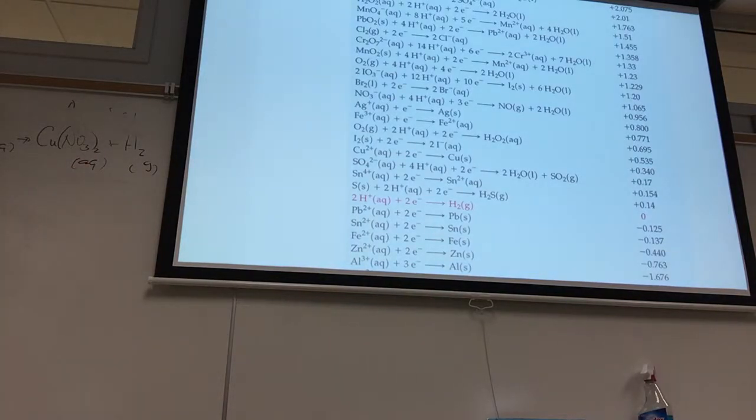And then for single replacement, what's the driving force for single replacement? The driving force for single replacement is going from more active to less active. And so what's more active, hydrogen or copper? In other words, if you're going to fill up the trunk of your car, would you fill it up with hydrogen gas, or would you fill it up with copper metal?